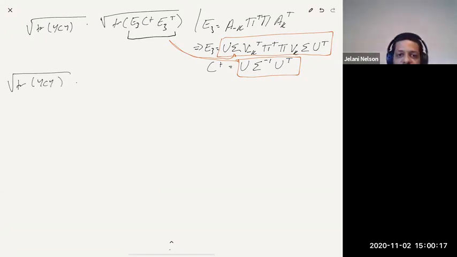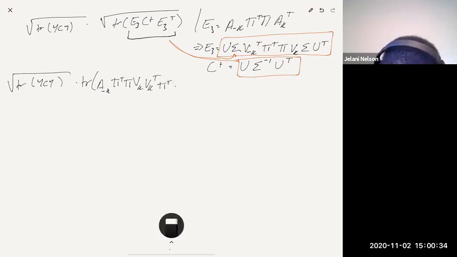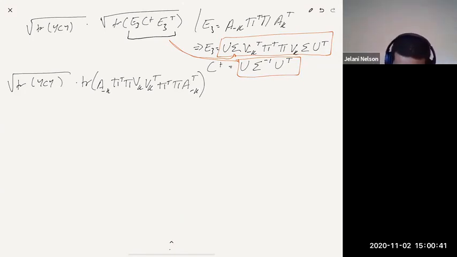What you're also going to have is something that looks like the trace of A minus K pi transpose pi V_K transpose, times pi transpose pi A minus K transpose. I know that looks like a mouthful. And there's a square root.